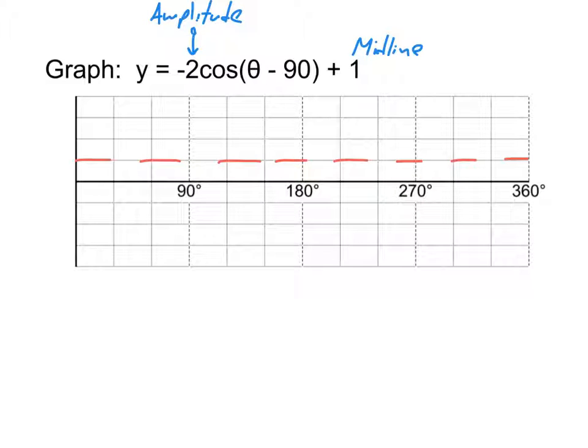It's a fancy name given to a vertical stretch on cosine. All right, so that means, though, that since it's a -2, really it's a 2 for the amplitude, because amplitude's always positive. That means I'm going to be going up 2 to get to the top line, and down 2 to get to the bottom line. All of that relative to the midline. So from the midline I went up 2, from the midline I went down 2.